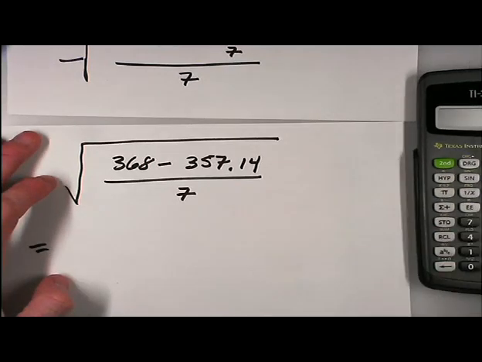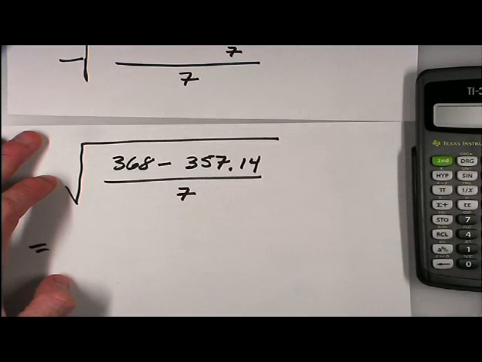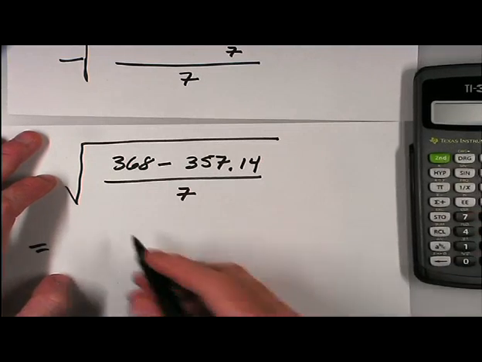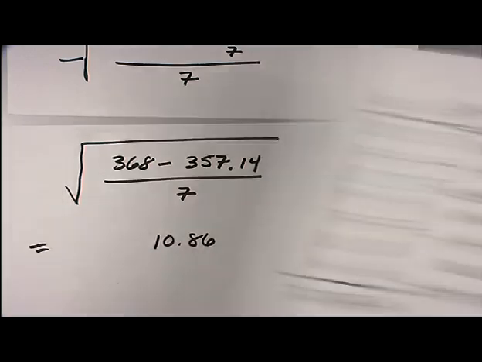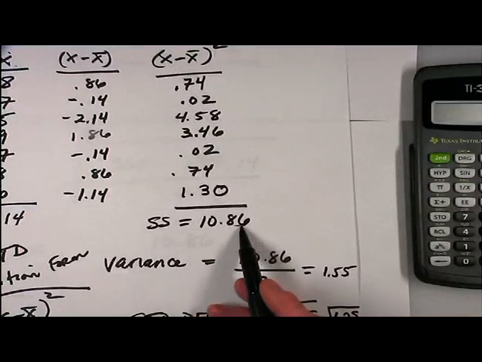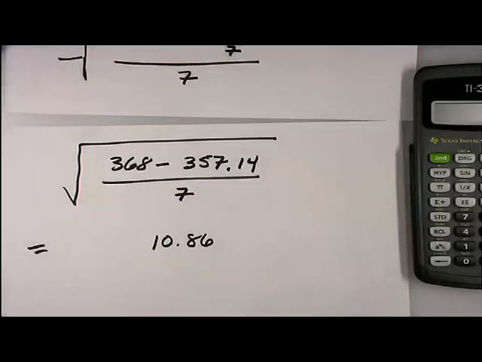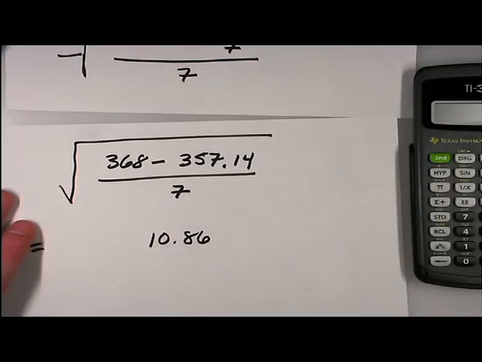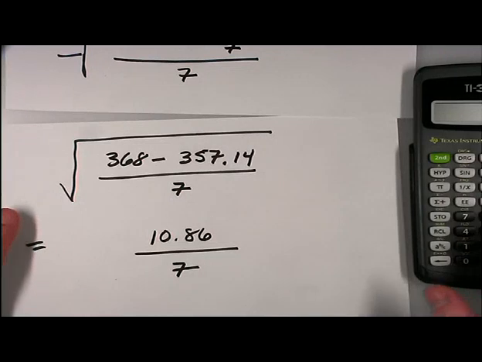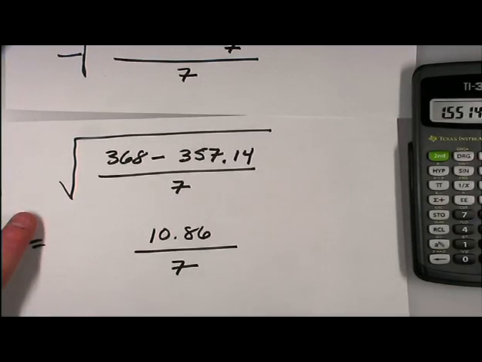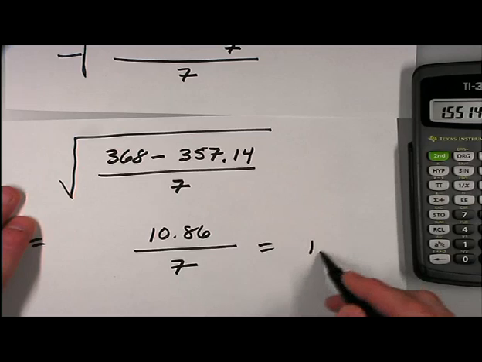All right, should be 10.86. Got my sum of squares. So 10.86 divided by 7 gets me my variance, 1.55.